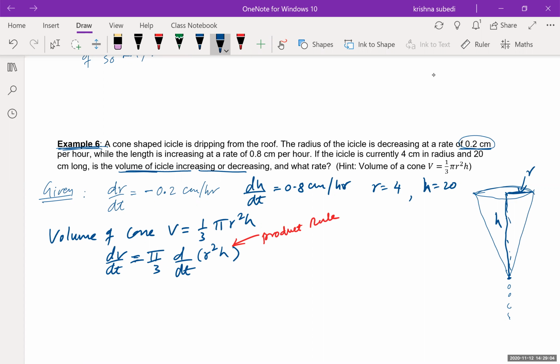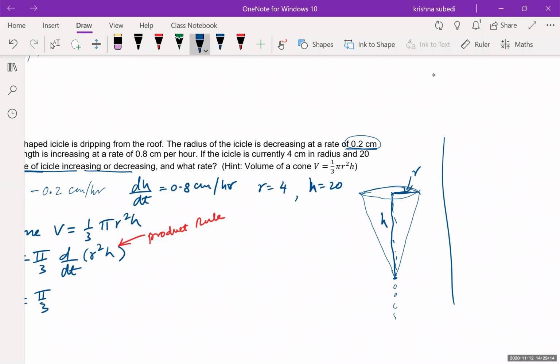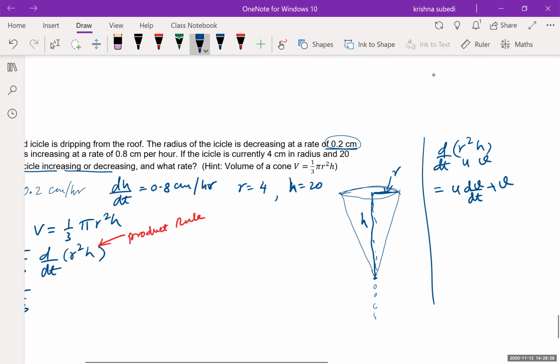Using the product rule, pi over 3, we know the formula. d over dt of r square h, this is your u, this is your v. You know the formula u dv over dt plus v du over dt.